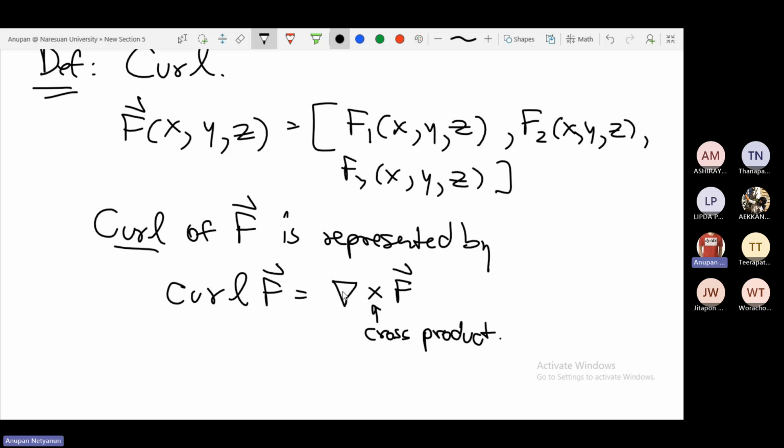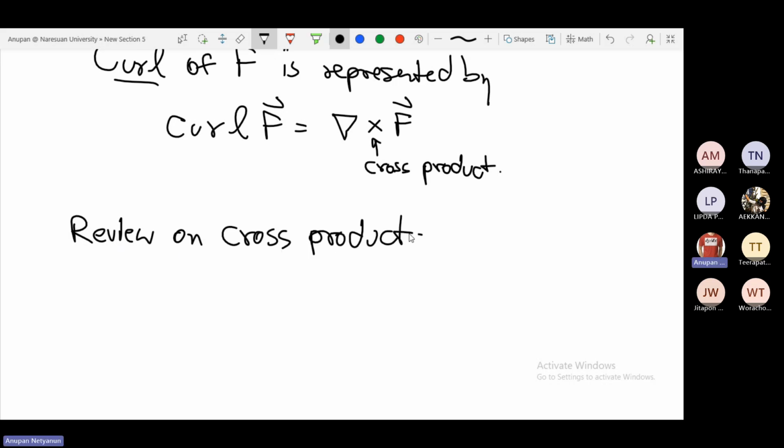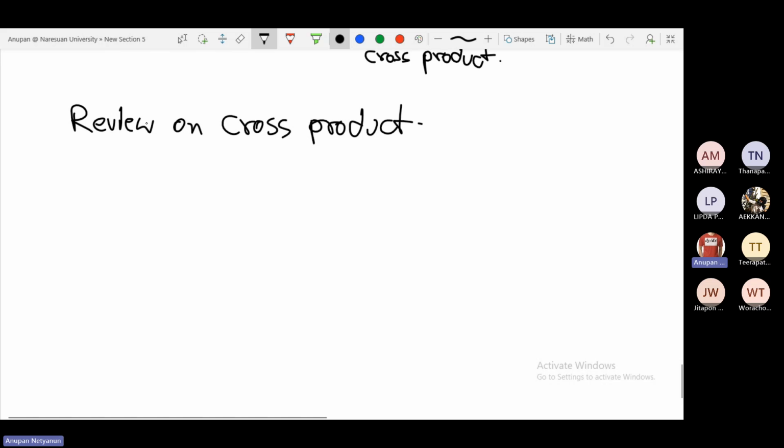Let me do a quick review on cross product, okay? Which is, let's say that if you have u to be u1, u2, and u3, okay, vector.